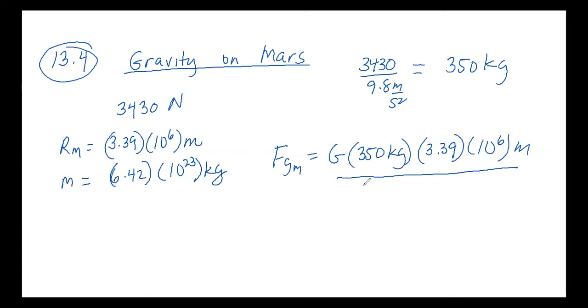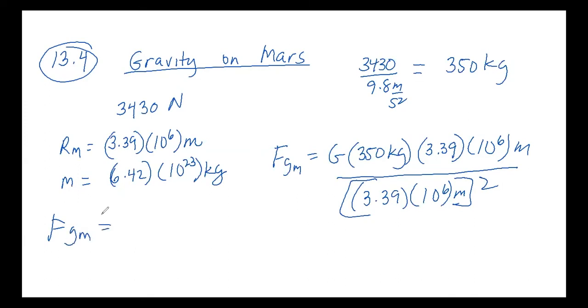The distance from the robotic feet to its center of mass is trivial, so we're just going to use that Martian radius, 3.39 times 10 to the 6 meters, quantity squared. And the book has kindly solved that for us. So FG on Mars equals 1.3 times 10 to the third newtons.